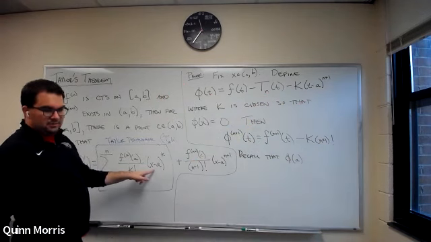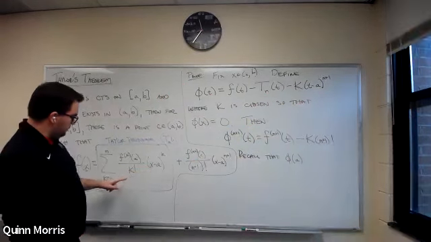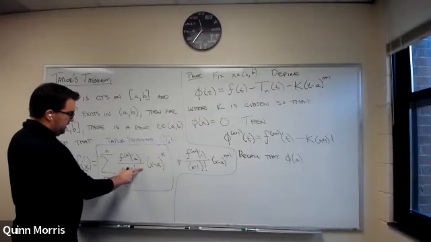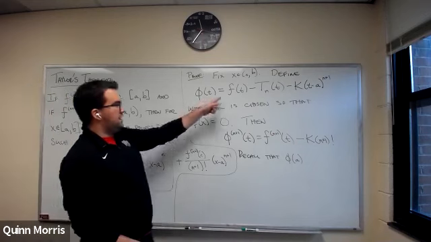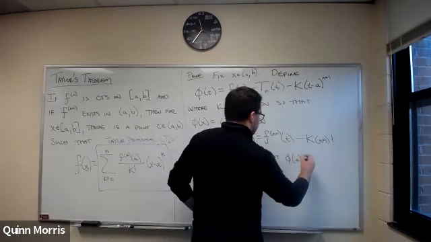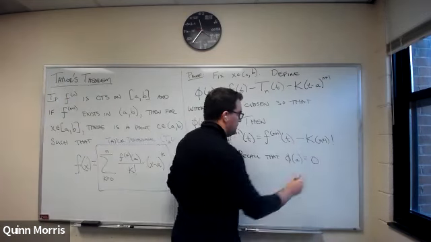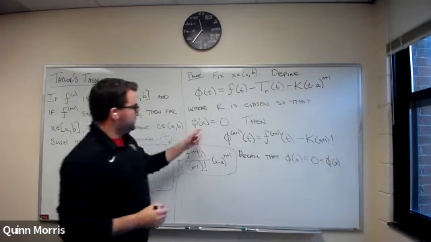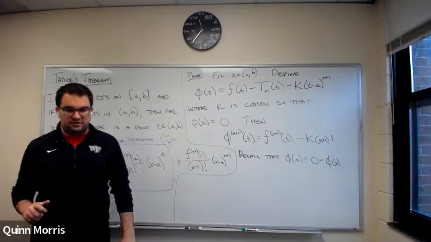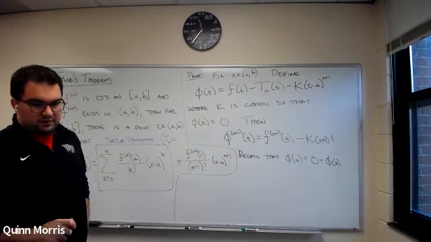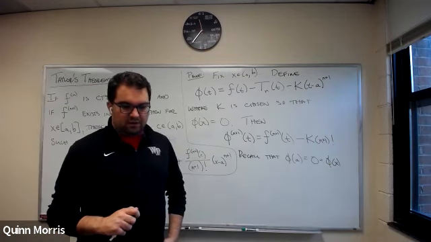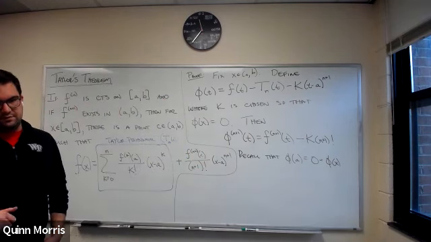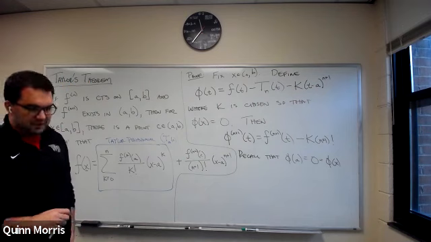You might think I'm going to get 0, but you have to be careful, because when this is 0 here, that's 1, and this is just f of a. So I end up with f of a minus f of a, and so phi of a is 0. So is phi of x, because I chose that k value so that phi of x was 0. If phi of a is 0 and phi of x is 0, then the hypotheses of Rolle's theorem are met.